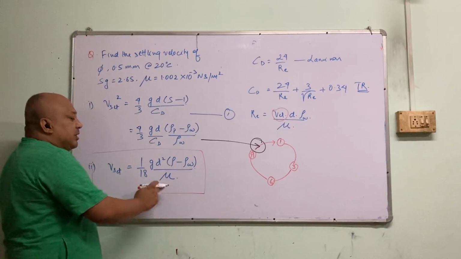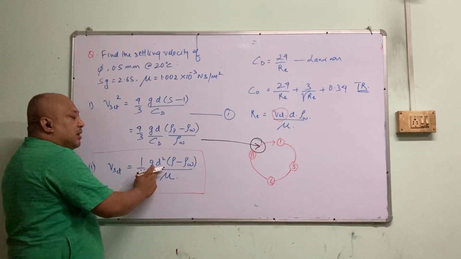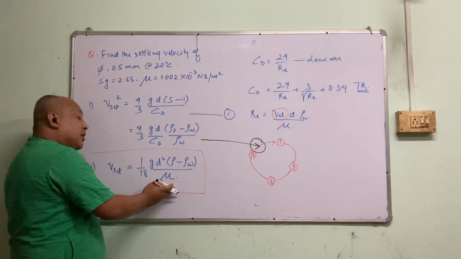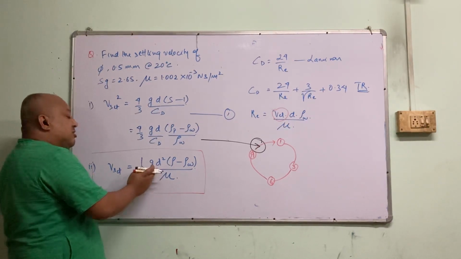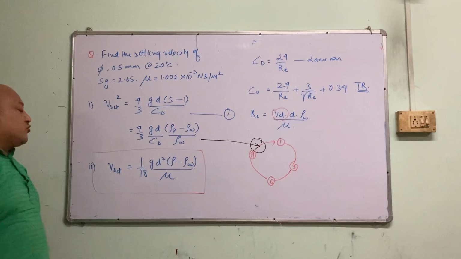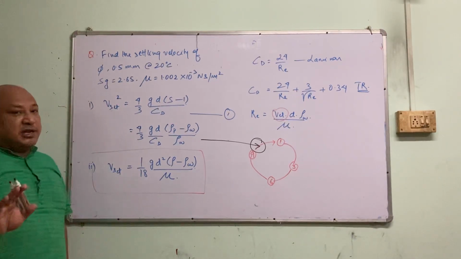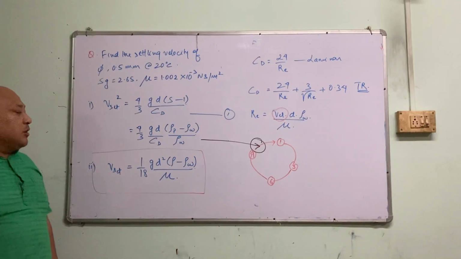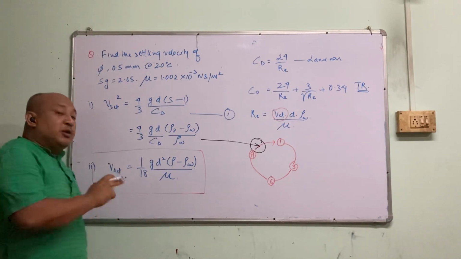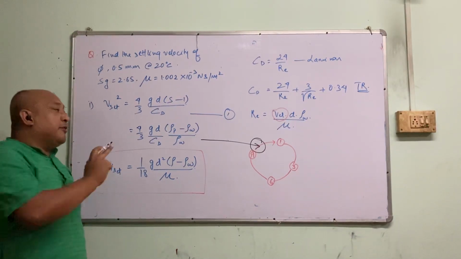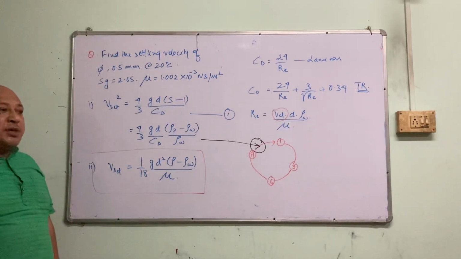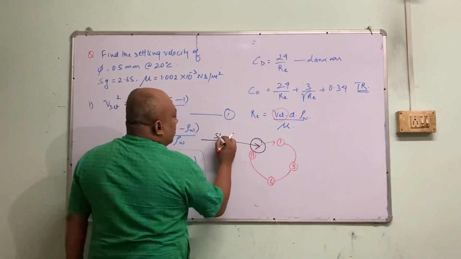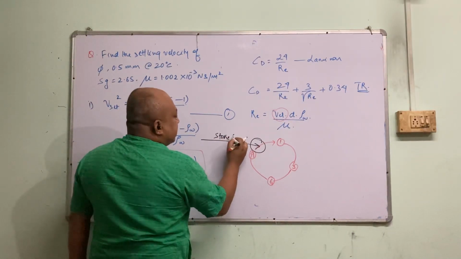In this equation, d is given, density or specific gravity is there, the dynamic viscosity of the fluid has to be given, and g, acceleration due to gravity, is given. So straight away you can find the settling velocity. Is that clear? Very simple. But the problem is, we use this by assuming that the flow is laminar. So now, after using Stokes law, we penetrate the cycle.